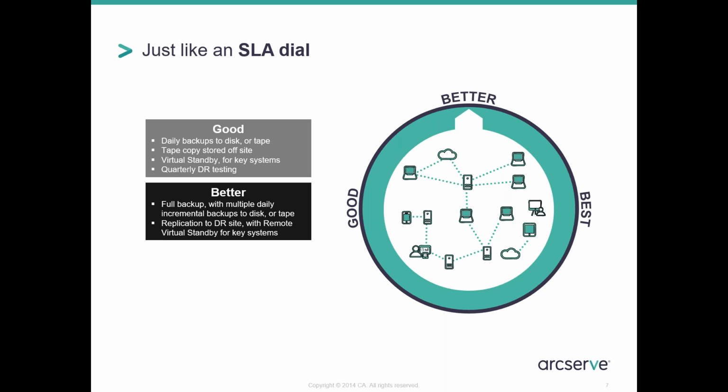Instead of having to do everything to tape, you can replace tape with a remote site or the cloud to automate that process of getting the data off-site. It could be that you want to create virtual clones from the backups, but not on your local site, but at the remote site, the DR. So we can set that up as well. So you can build these plans, and these plans can be completely customized with a set of tasks you need to protect that environment in a good way.